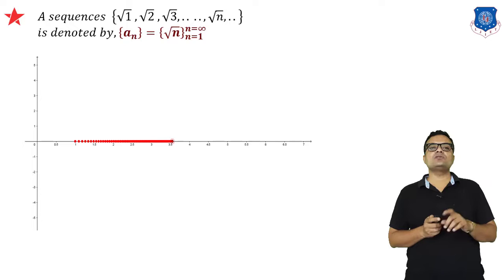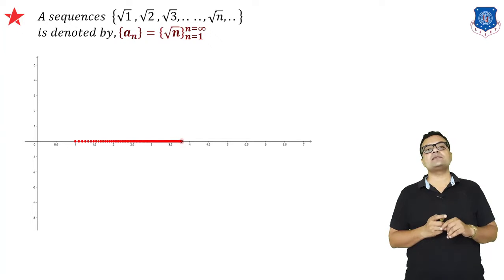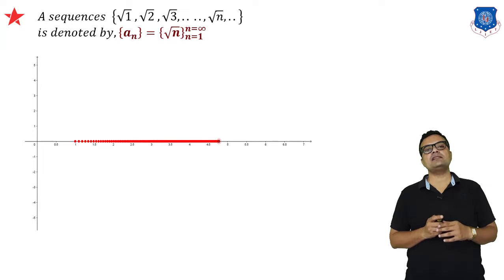So you can see clearly the first number over here is equal to 1, and that is nothing but the value of root of 1. And then you can see the number which is near to the first value is somewhere in between 1 and 2. That is nothing but the root of 2, roughly 1.41. And so on, as the value of n is increasing, the number is moving towards the right hand side in the number line.